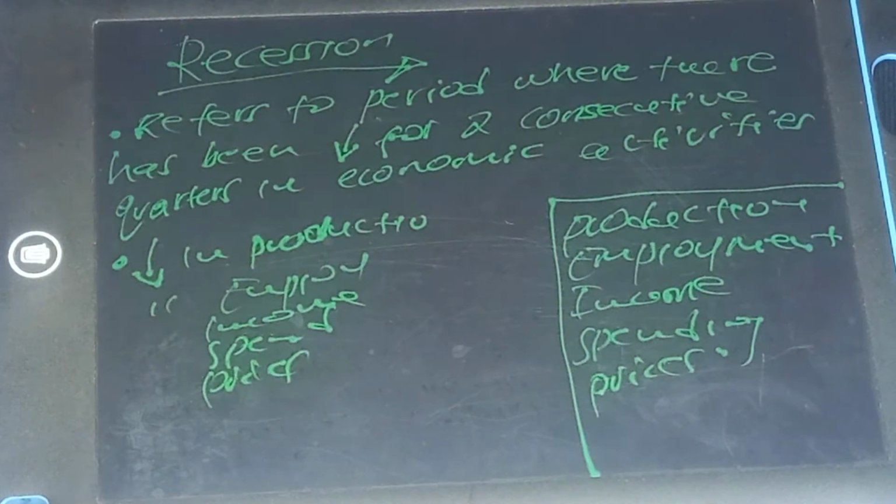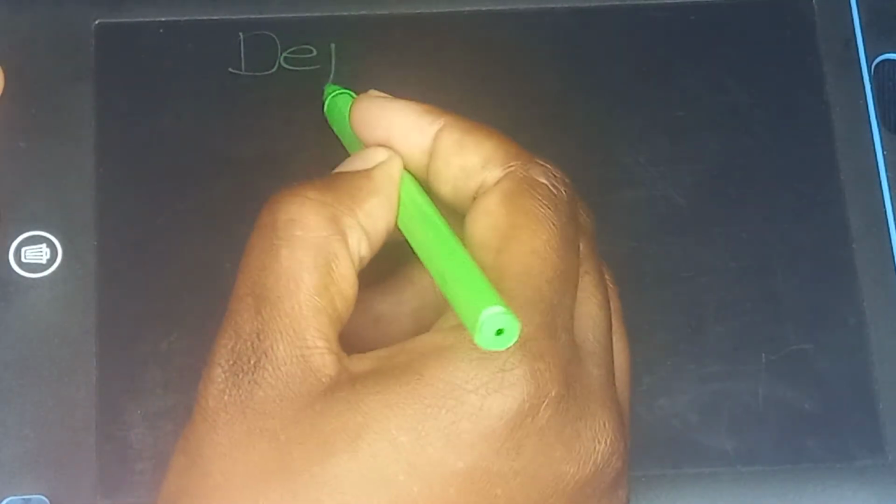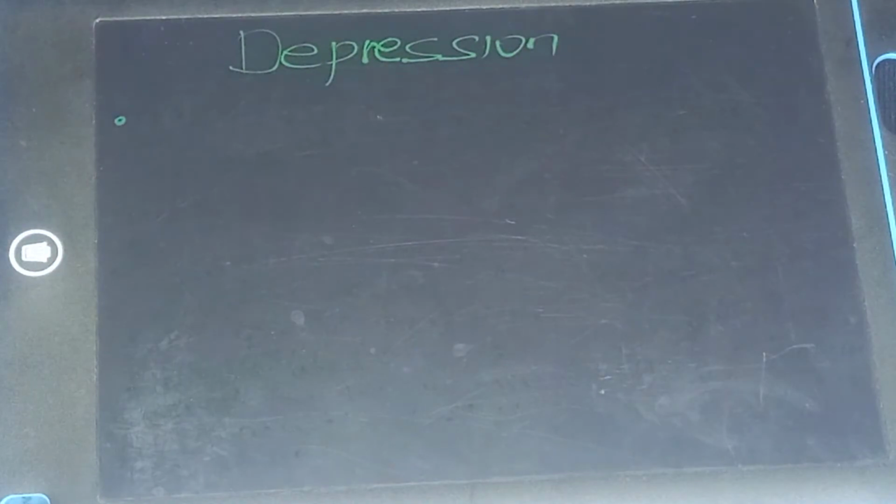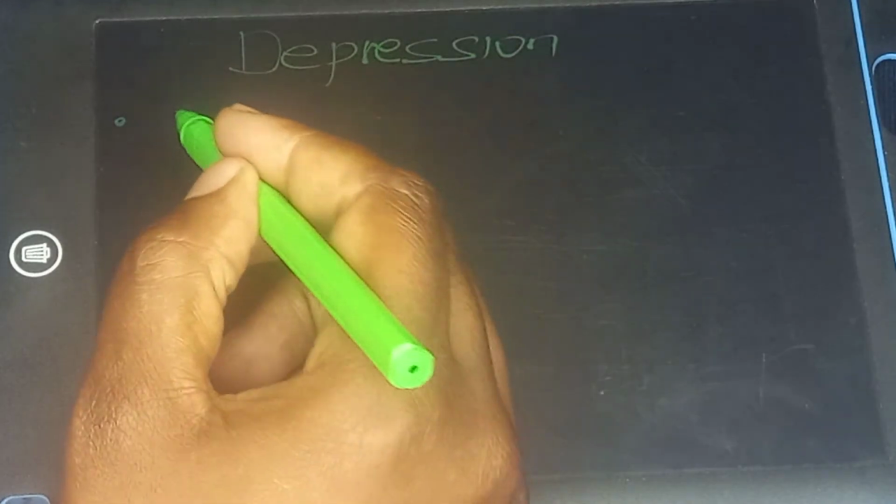Now, lastly, we have the last phase, which is depression. Now, what is a depression? This phase will come after recession, and the growth rate will get to 0.